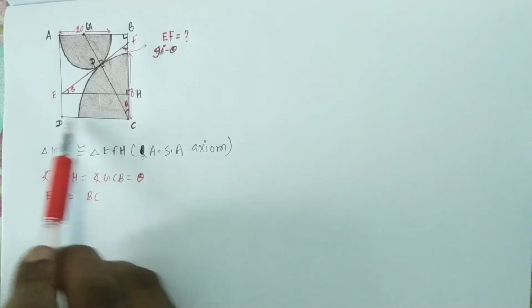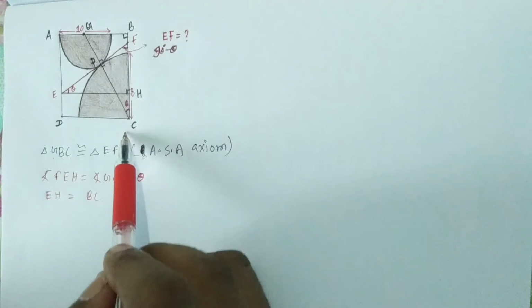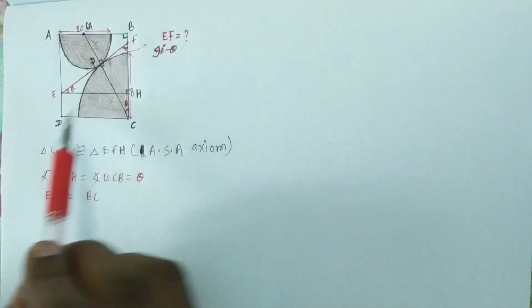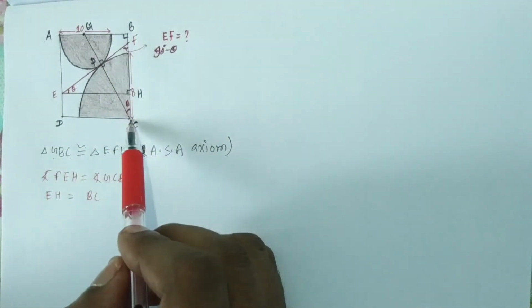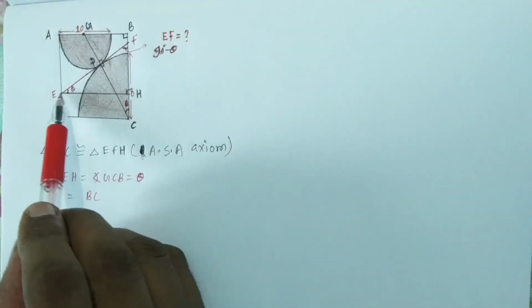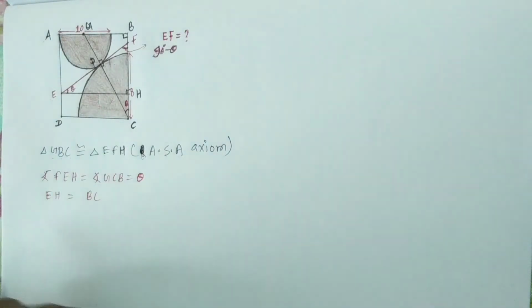See, the sides DC and EH will be equal, and the sides DC and BC will be equal because this ABCD is a square, so the sides of a square are equal. So DC and BC are equal, and DC and EH are equal, so it means BC is equal to EH.